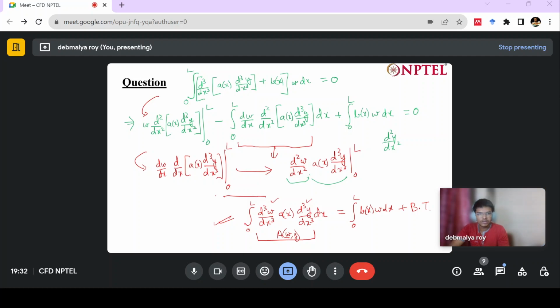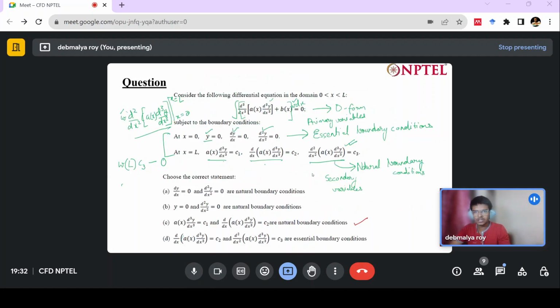Yes, sir. Okay, so it depends upon your equation. In your conduction equation, you will see that dy dx itself is a secondary variable. Only the temperature T will be the primary variable because you will have only one boundary term. But in this case, this is a sixth order differential equation.